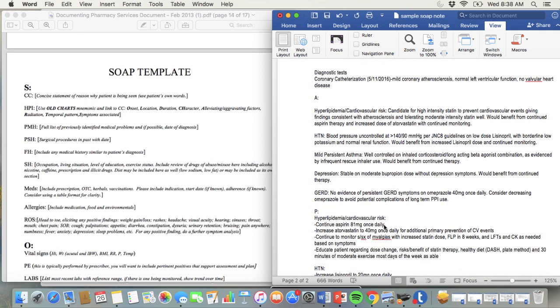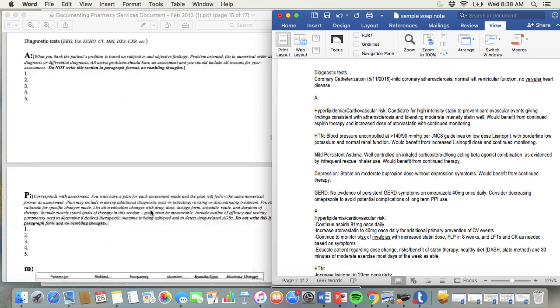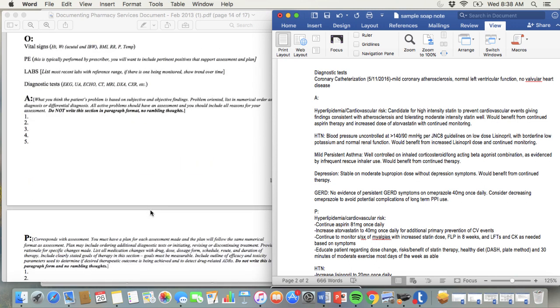Okay, so that takes us to the assessment. One thing that's very important for the assessment and plan, and it states it in your template here, is that you are going to talk about what you think the patient's problem is based on the subjective and objective findings. That does not mean that you have to repeat those specific subjective and objective findings, and you shouldn't do that. In the interest of brevity, it's not appropriate to repeat or restate subjective or objective information in the assessment.